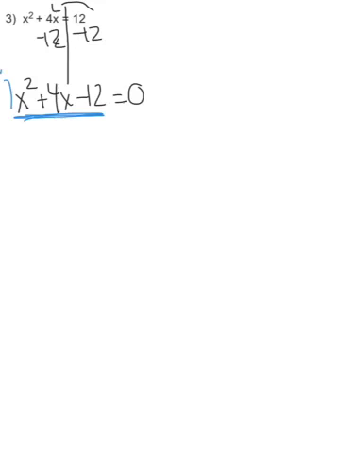So we're going to multiply 1 times negative 12, which is negative 12. So factors of 12 are 1 and 12, 2 and 6, and 3 and 4. So we want to multiply together to give us a negative 12 and add together to give us a positive 4. So we're going to have to subtract. So we're going to have one positive and one negative.